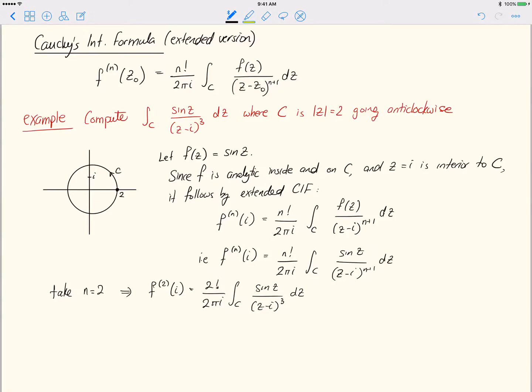Now remember, we defined f to be sine of z, right? So the second derivative: well, the first derivative is cos, second derivative will be negative sine. So I have negative sine of i. Now 2 factorial just equals 2, because it's 2 times 1. So 2 over 2 pi i will be 1 over pi i.